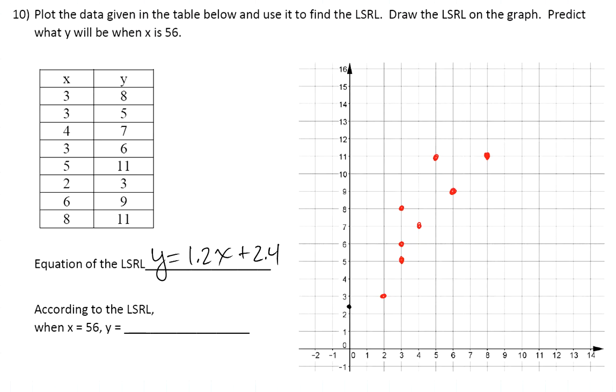That doesn't look right. That looks definitely small. Oh, no, it would be 6 plus 2.4, so 6, 7, 8, and then 0.4. So that's it right there.